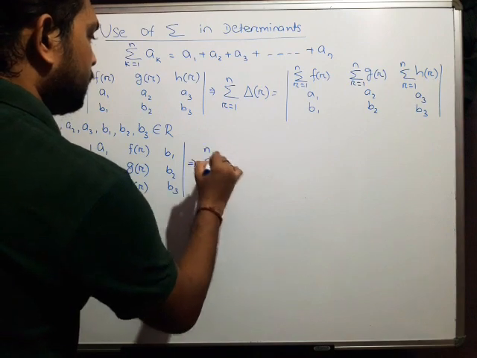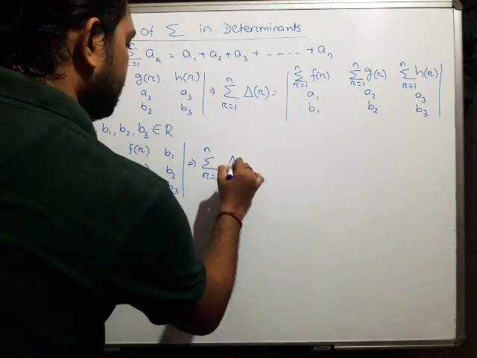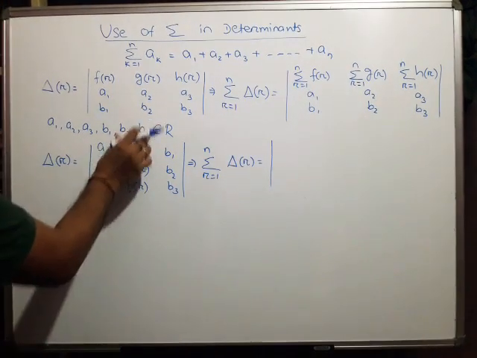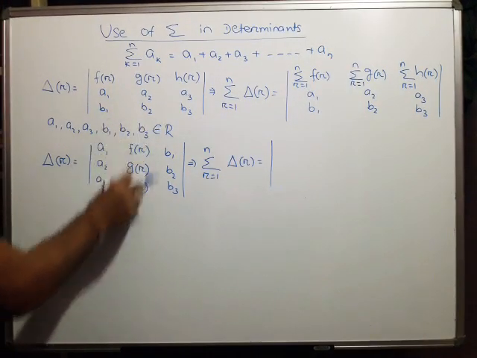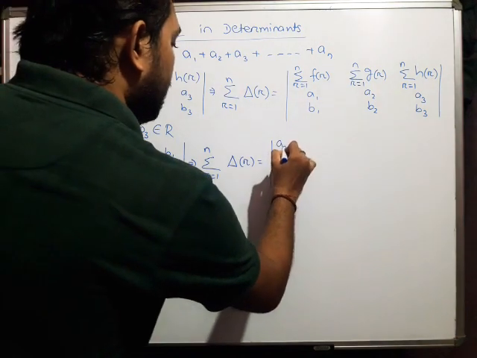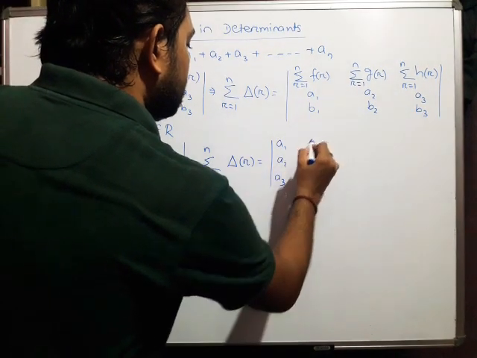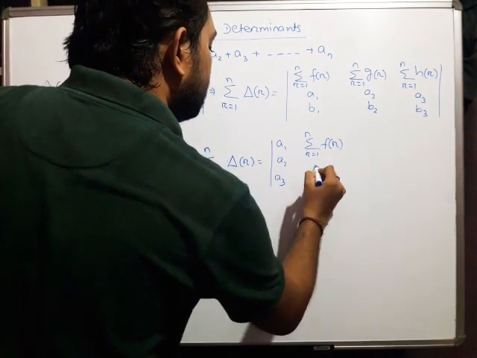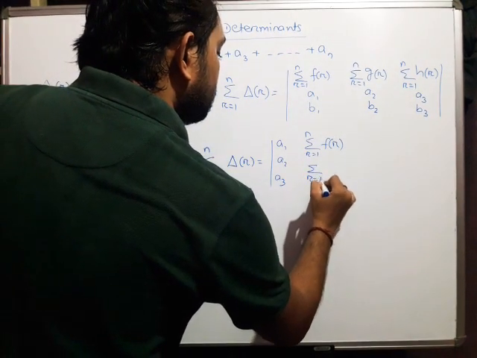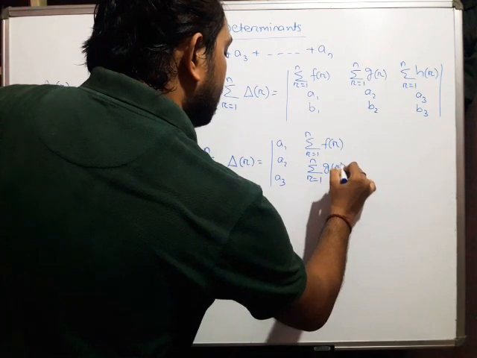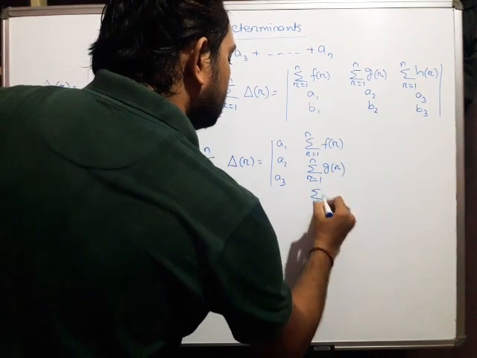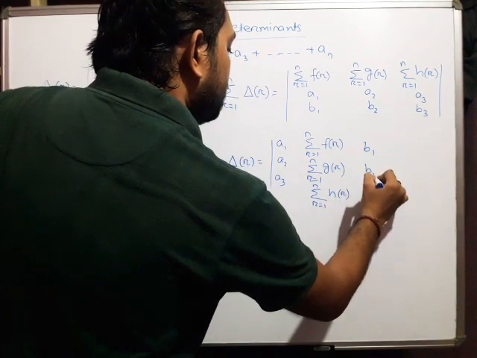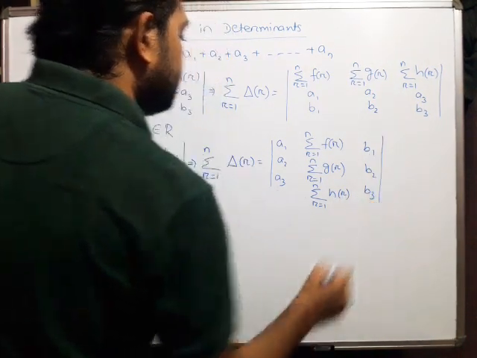summation r from 1 to n del r, summation will be applied only to variable terms or functions of variable terms. So a1, a2, a3, summation r equals 1 to n f of r, summation r equals 1 to n g of r, summation r equals 1 to n h of r, and b1, b2, b3.